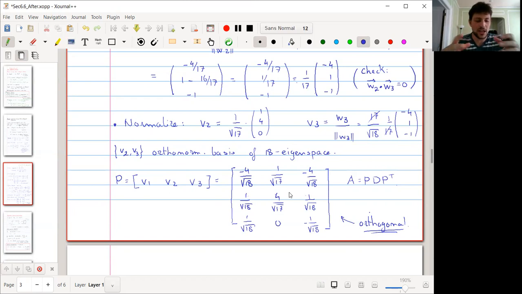In this example, we picked a symmetric matrix and we diagonalized it using not only an invertible matrix, but an orthogonal one. We found an orthonormal basis of eigenvectors. And that's something that you cannot do unless your matrix to start with is a symmetric matrix. In the next video, we'll see some applications of this orthogonal diagonalization of symmetric matrices.